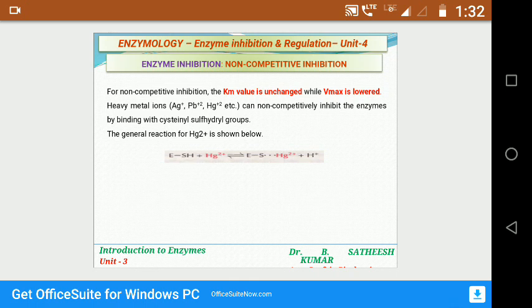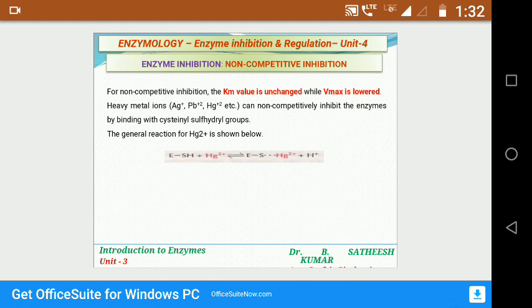If the enzyme has a sulfhydryl group other than the active site, then the mercury ions bind to those sulfhydryl groups, and this binding will induce a conformational change in the active site of the enzyme. Therefore, the enzyme will be inhibited. In this case, the inhibitor is not competing with the substrate for the active site.